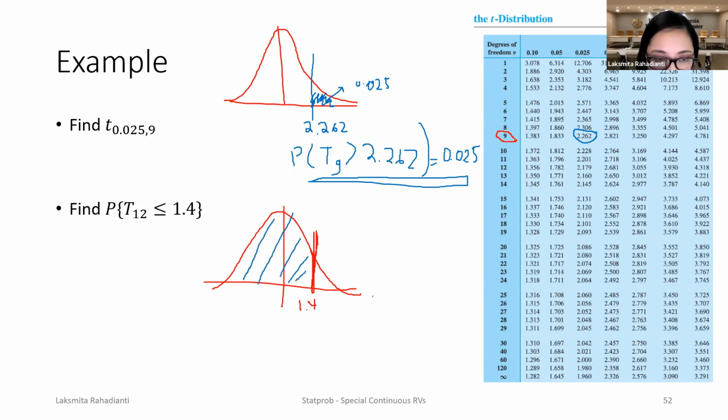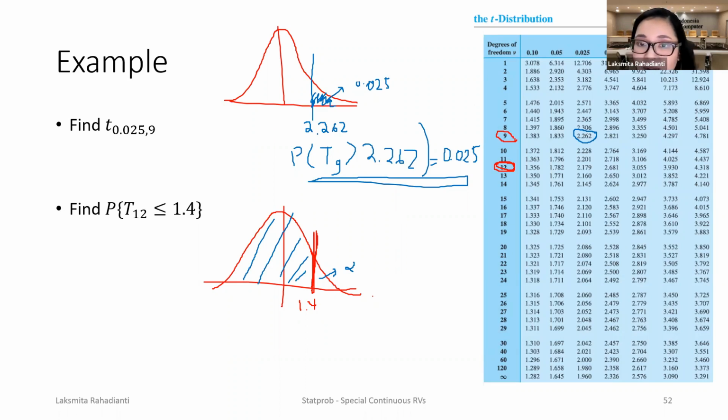I can do that by trying to find this alpha, and then I can compute 1 minus. So I'm doing the other way around. So let's try to find an entry that is more or less 1.4. I can't find an exact one. However, I can, oh, sorry, what's my degrees of freedom? 12. So I have to look at this one there. So I know I need to find an entry that is 1.4.